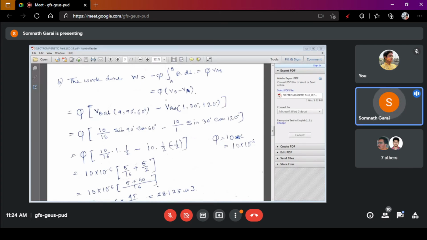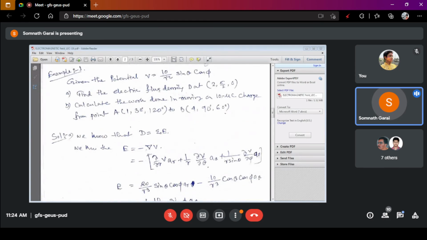What is the equation of V? What is the equation of electric potential? The equation is already given. V is equal to 10 r square sin theta cos phi. When we calculate the electric potential at point A, r is equal to 1, theta is equal to 30, and phi is equal to 120.